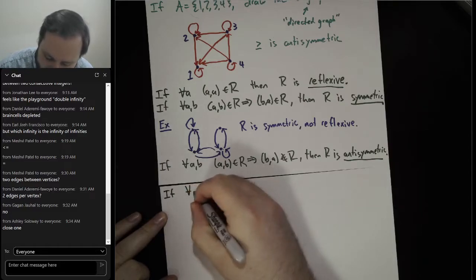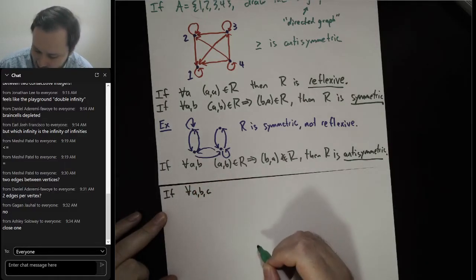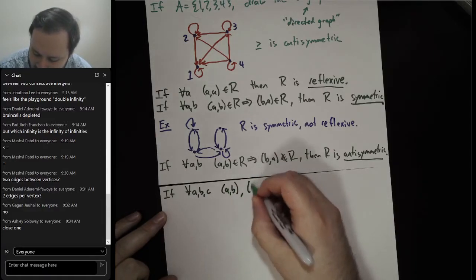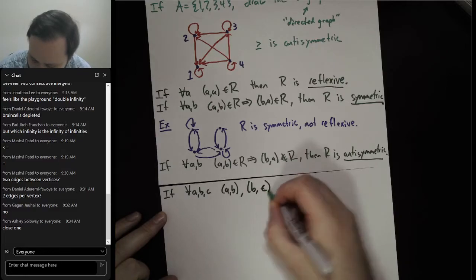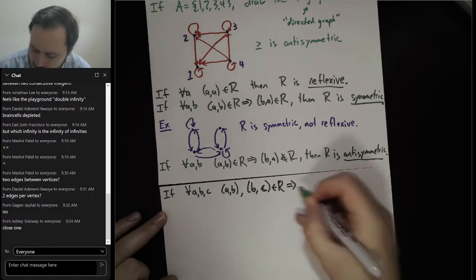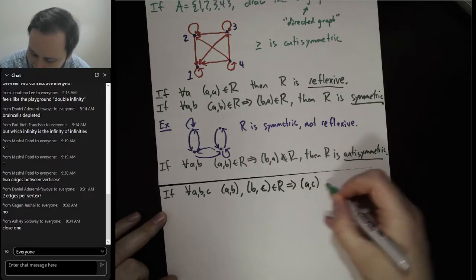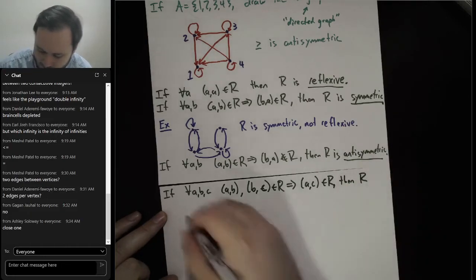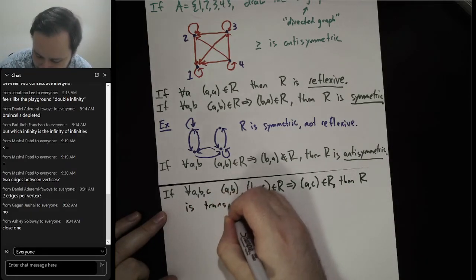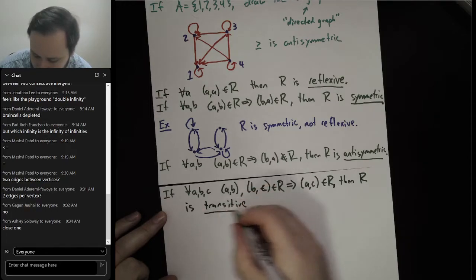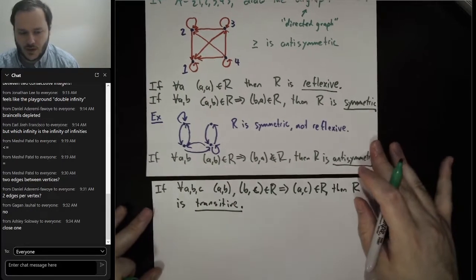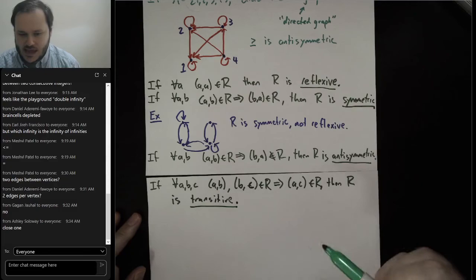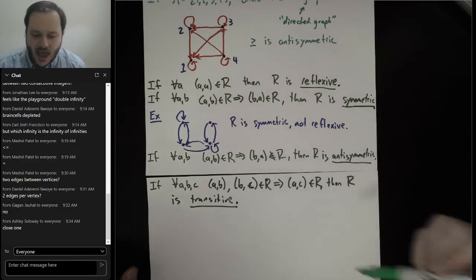If for every A, B, and C, A and B are related, and B and C are related, it means that A and C are related. Then R is transitive. Okay. What does this mean? It means if A is related to B and B is related to C, then A is related to C.